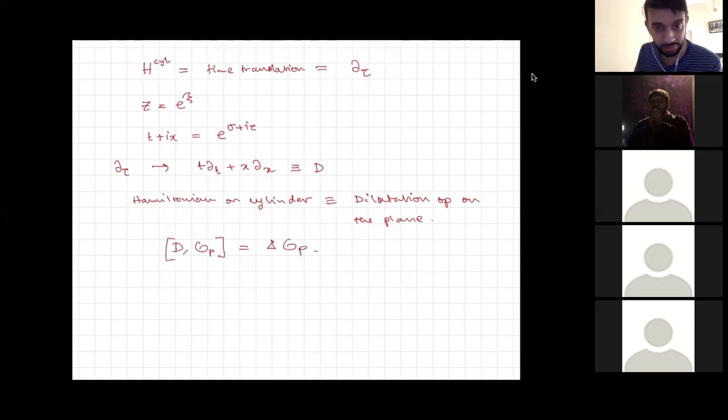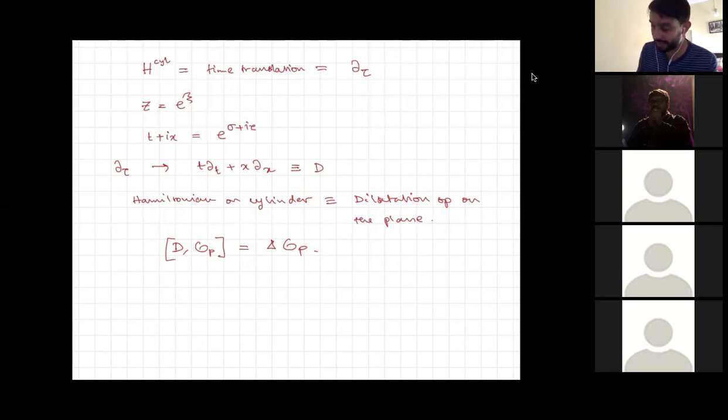We were always going to label our states by this. This is the equivalent of looking at energy eigenstates. We will see this a bit more clearly as we go along.